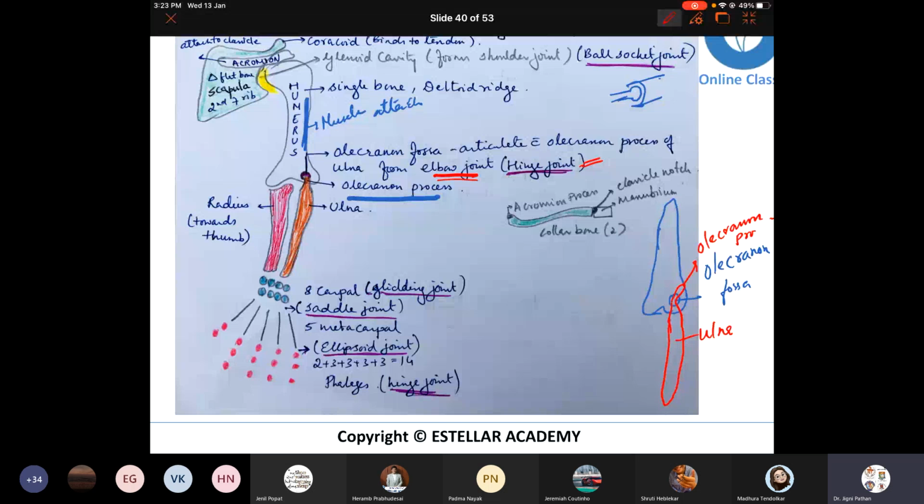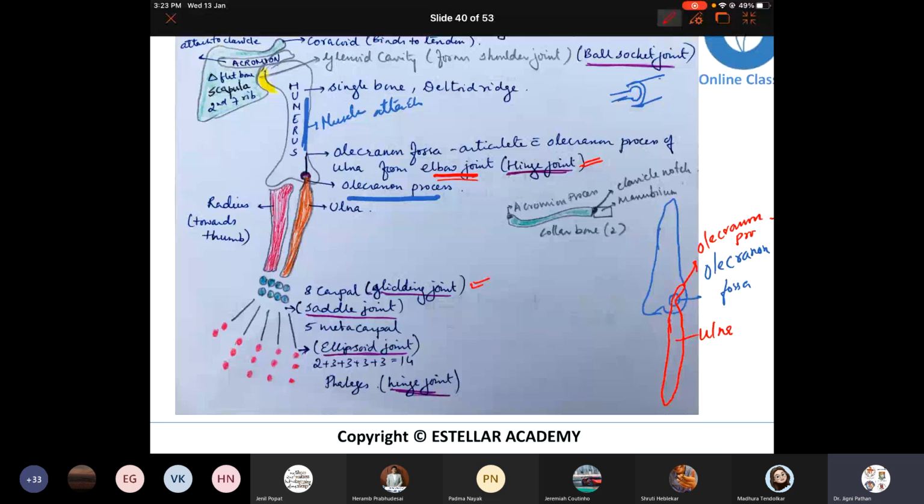Next. After that, it continues into 8 bones called 8 carpals. The 8 carpals show gliding joints, which glide over each other. The 8 carpals continue to 5 metacarpals. These pencil-like ones are the 5 metacarpals. They form the palm.